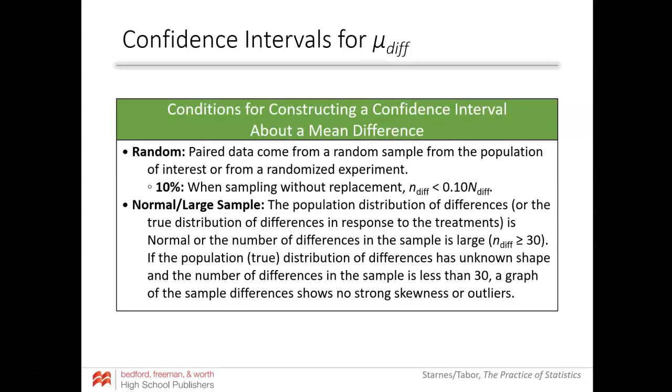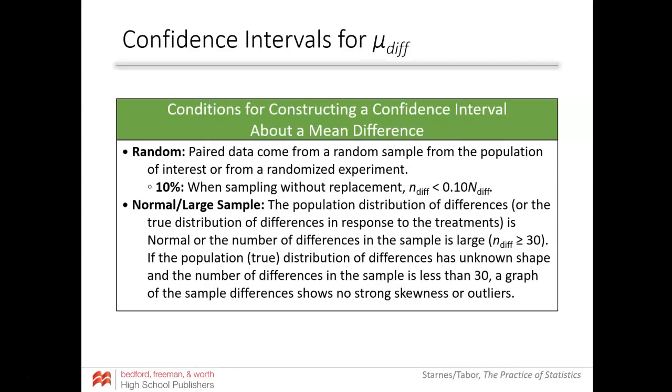We know from our work in chapter 4 that how we randomize those selections determines how I can take my findings and extrapolate them out to a population. All right, 10%. Usually it's without replacement, so we have to follow the 10% condition. And then just like the last chapter, normal and large sample has to be true.